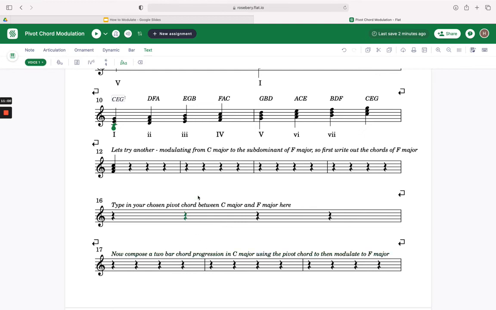Okay, and once you have chosen your pivot chord, remembering that a pivot chord is a chord that both keys have in common, then type that in here at bar 16.